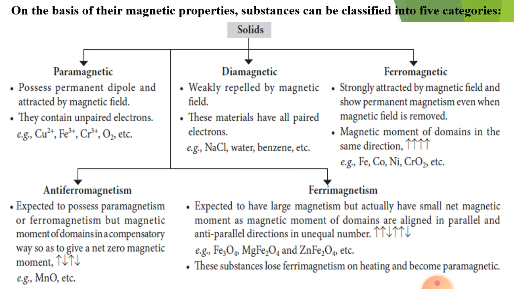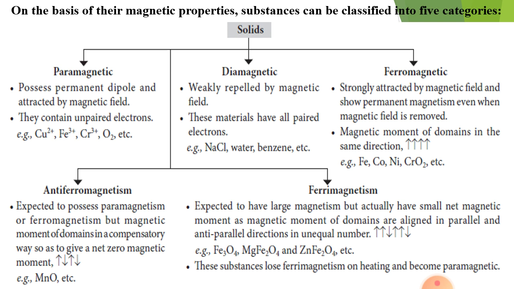Now last, ferrimagnetic substances or ferrimagnetism. They have large magnetism but actually have a small net magnetic moment, as the magnetic moments of domains are aligned in parallel and anti-parallel directions but in unequal number.